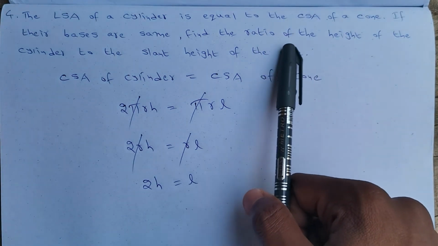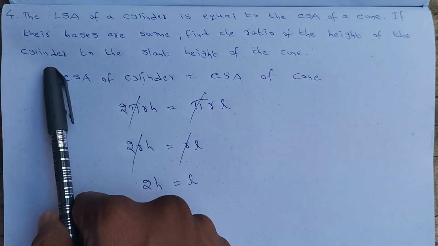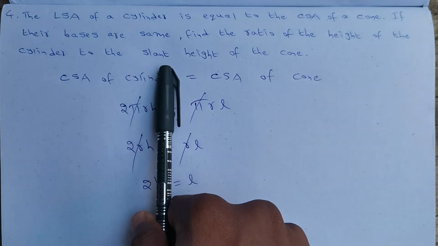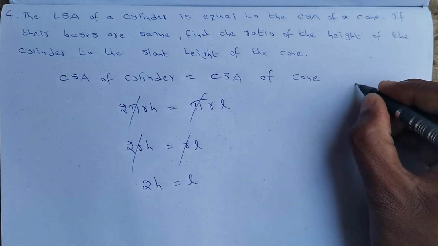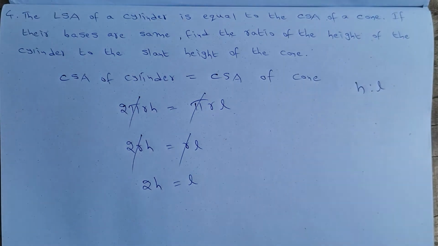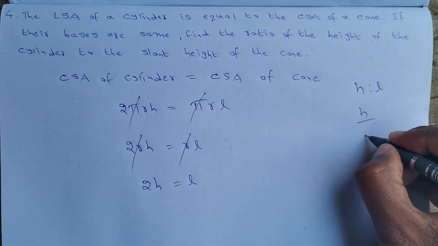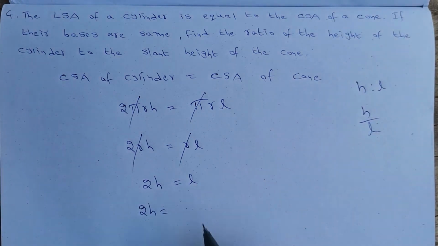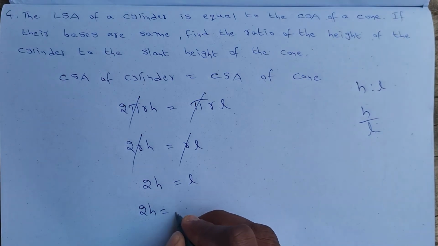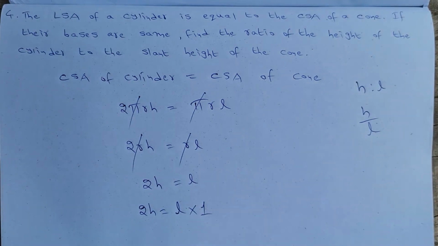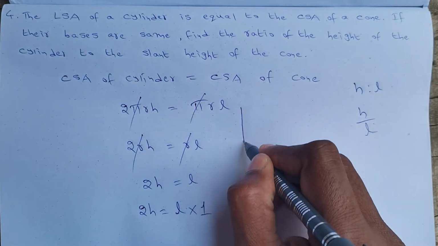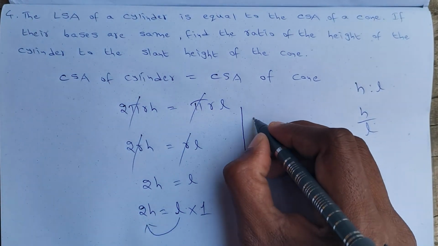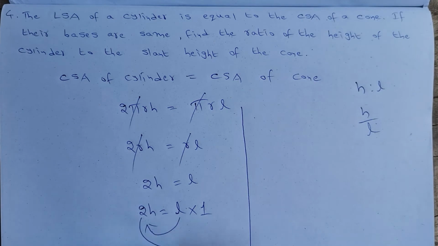Then find the ratio of the height of the cylinder to the slant height. Height of the cylinder is H and slant height is L. So H is to L ratio we need to find out. H is to L is nothing but same as H by L. So now what I will do, 2H is equals to L is there. For our convenience, I am writing that L as L into 1, because L into 1 is also same as L. Now I will take this L to the left side and 2 to the right side.